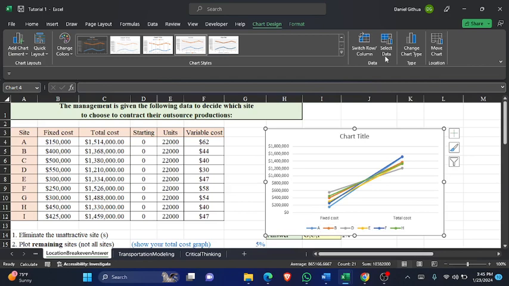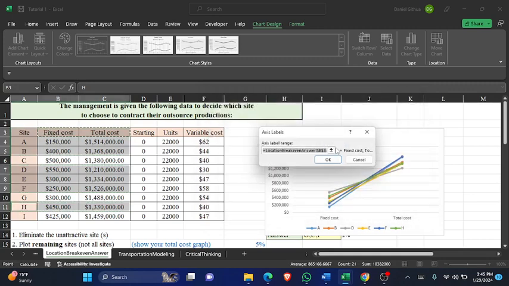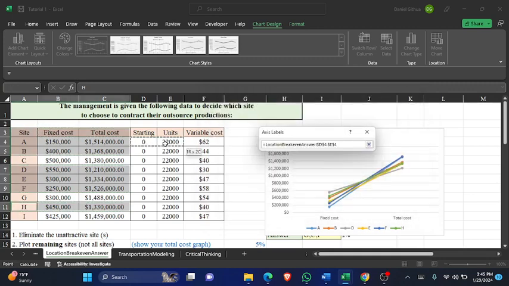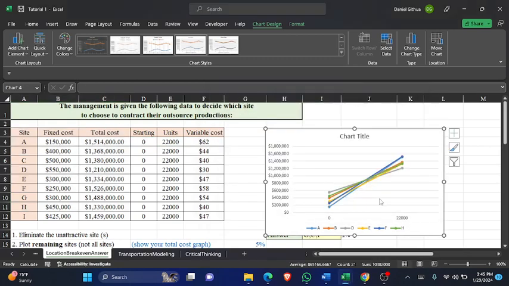We select data and then we edit. You see these are the fixed costs. We edit this one, and it is from 0 to 200. That is our downscale, and you click OK, and OK.